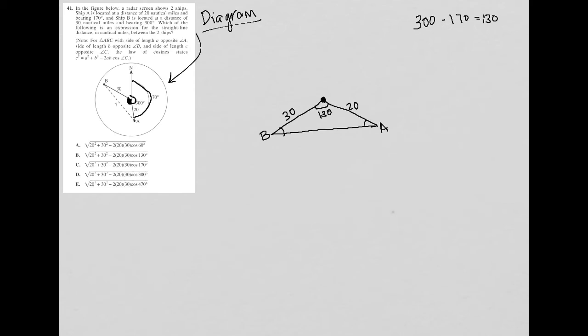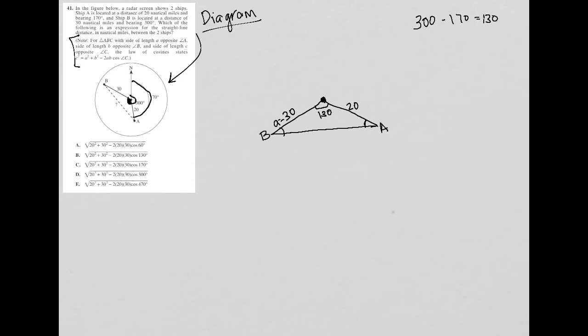So the next part of this question is that there's a note provided. Anytime this test provides a note, you're going to need to use it. I'd say never skip over it, no matter how complicated it looks. Just read it and see what you can use from it. So the note says for triangle ABC with side lengths A opposite of angle A. Okay, so I have an angle A here, which means side A would be 30, right?